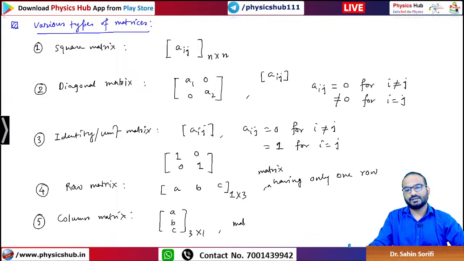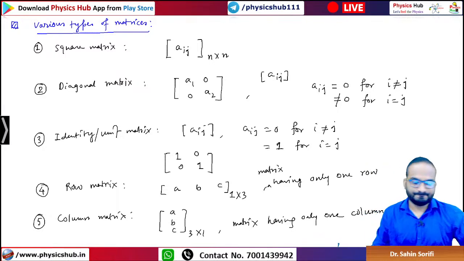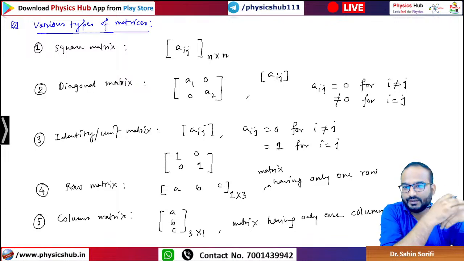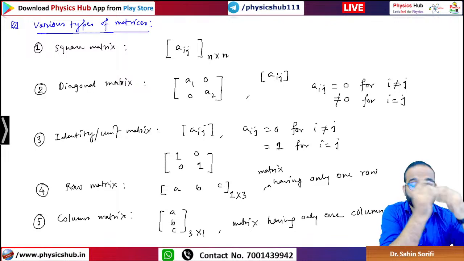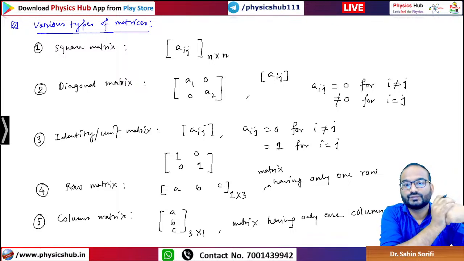So, we can write it here: matrix having only one column. Understood? Look, these are very simple definitions, but when you will be going to solve problems, these concepts should be very clear. These are fundamental things.